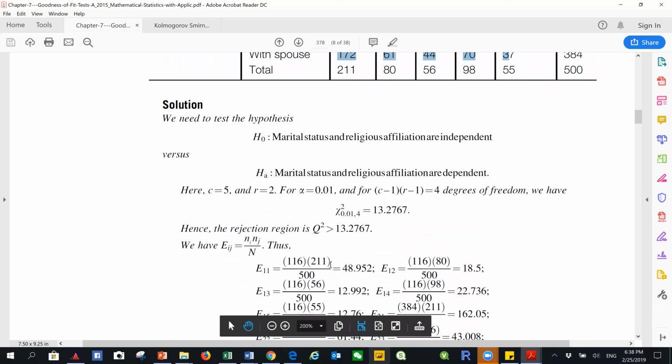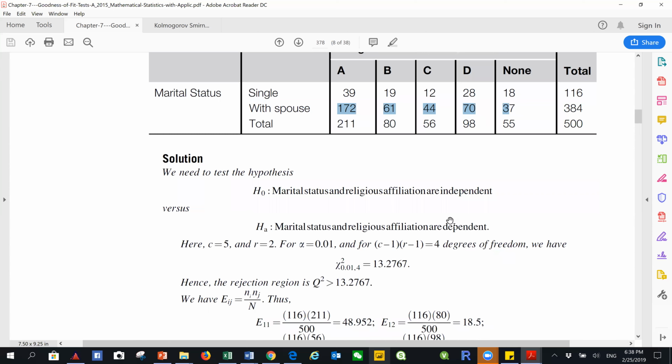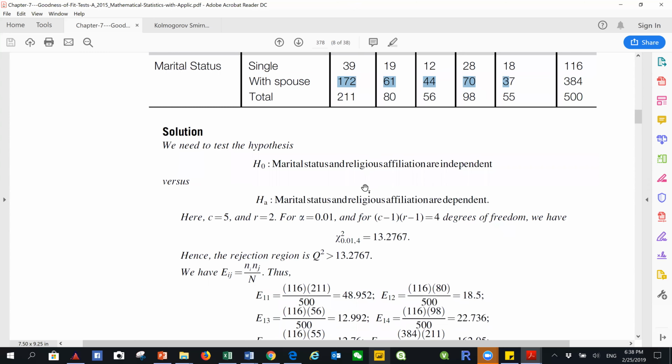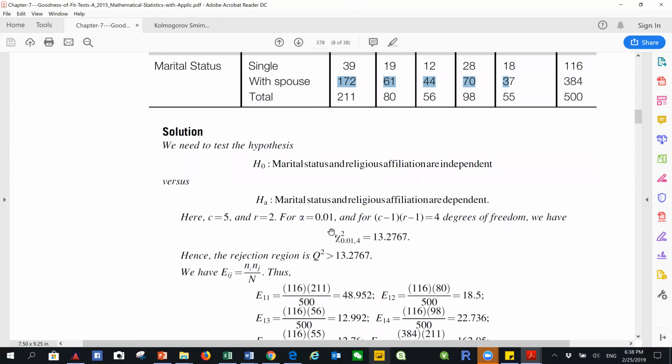So you will calculate E11, E12, E13. What's E11? E11 means row 1, column 1 in this table: 1,1, 1,2, 1,3, 1,4. 1,1 is 116. Okay, 1,1 is here, and then 2,1. So that's the sum of the first row, the sum of the first column, and then the product of the two divided by 500.